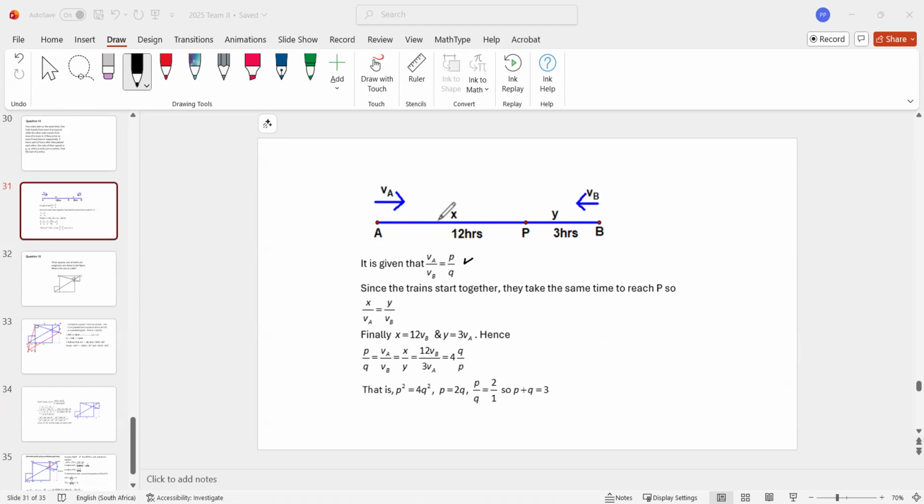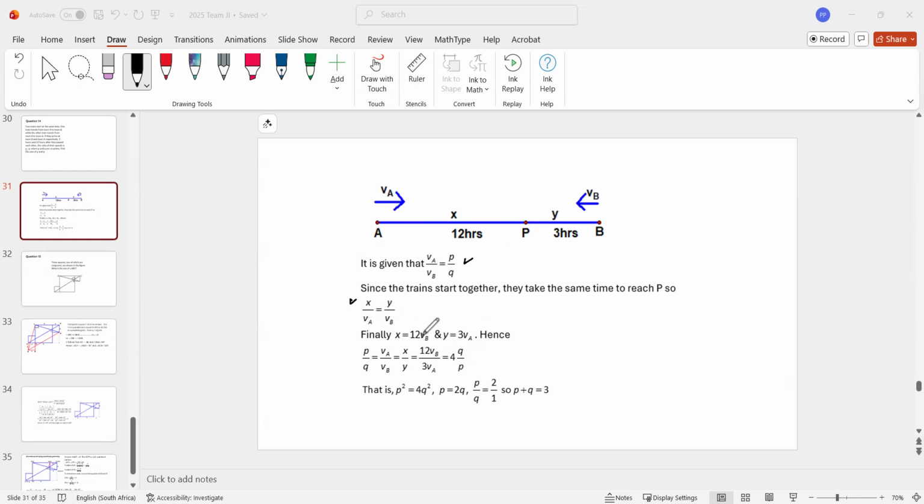So if this is X, the distance, and the speed is VA, then this is distance over VA, the time they take to reach P. And this guy here travels at VB and the distance he travels is Y. So the time he takes is distance over speed, Y over VB. So you got this equation.